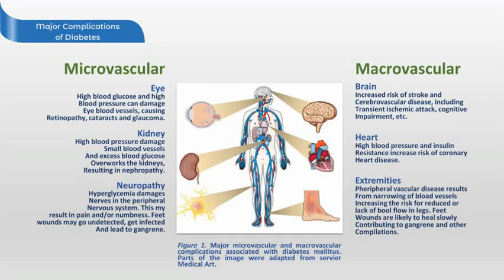As for the extremities, peripheral vascular disease results from narrowing of blood vessels and increases the risk of reduced or lack of blood flow in the legs. The feet wounds are likely to heal slowly, and it will contribute to gangrene and other complications.